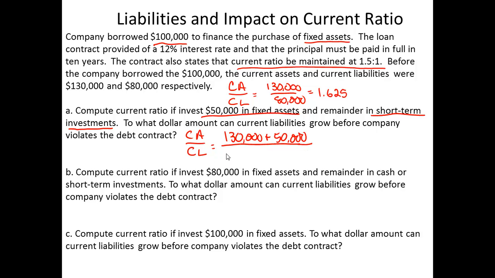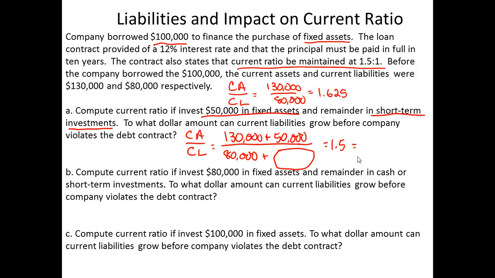Our liabilities are still $80,000, and the question is how large can those current liabilities grow and still maintain a 1.5 current ratio?